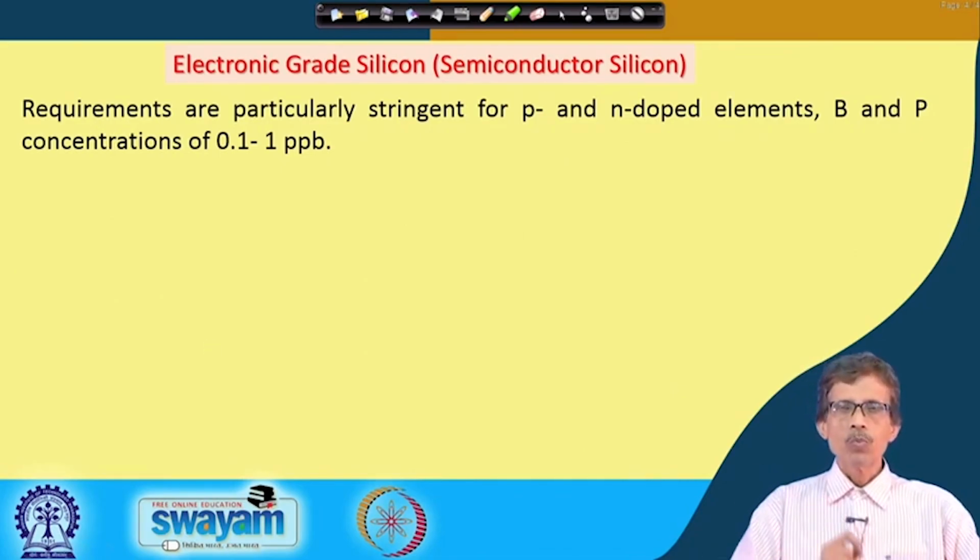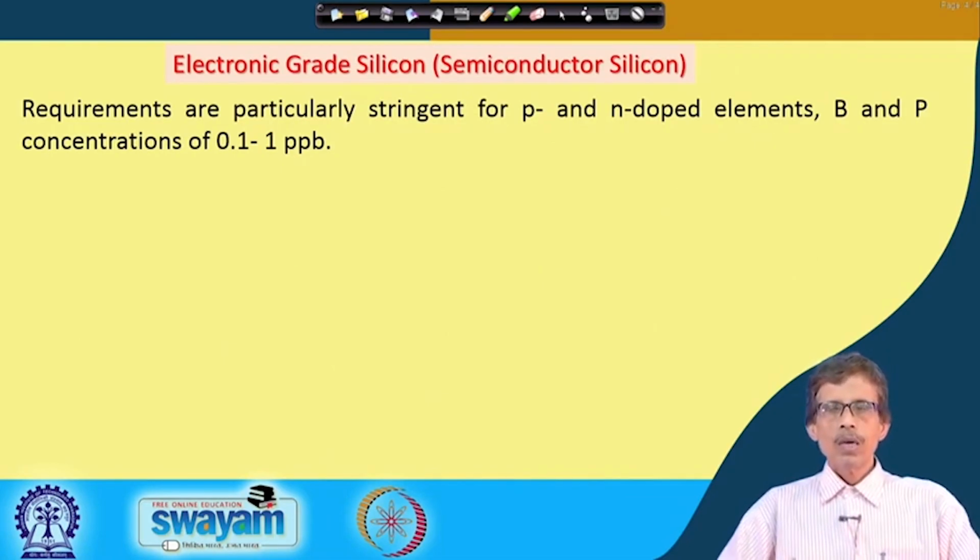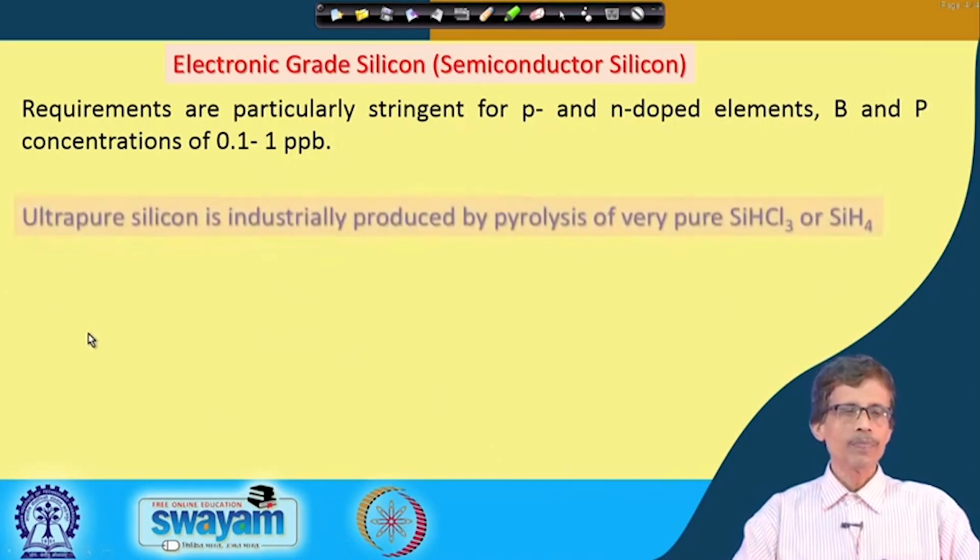So, a very small amount of either boron for one type and phosphorus for the other type can be introduced, because silicon is a group 4 element. So, either you go to the third group or the fifth group for the corresponding doping, giving you the p type and the n type elements introduced into the silicon structure.